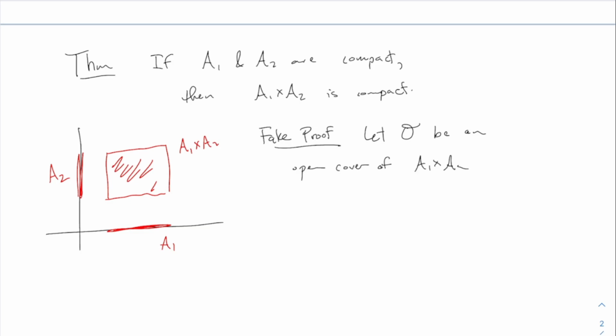So on the picture, that looks like a bunch of sets like this that cover the whole product, the whole box there. I might have missed a few points. All right. Now, somehow we have to use the fact that A1 is compact and also A2 is compact in order to find a finite subcover of this business.